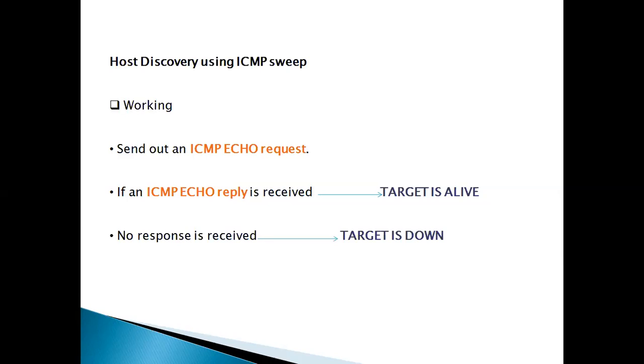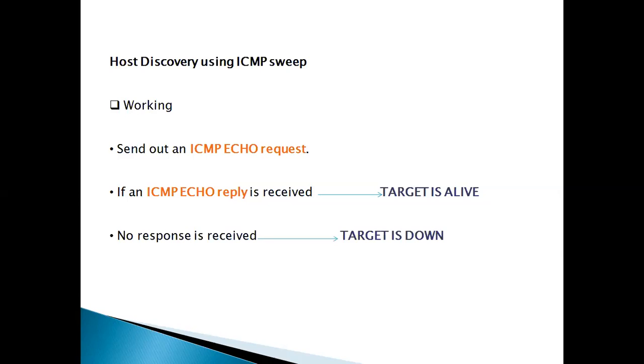In ICMP, there are a number of request type packets. There is a packet called the ICMP echo request packet, which is a type 8 packet, so the type field of the ICMP packet contains the number 8. When an attacker sends an ICMP echo request packet, what will the host send?